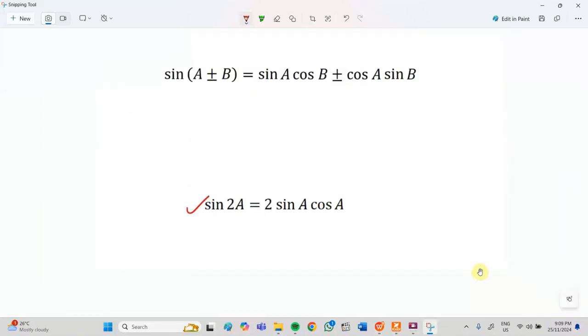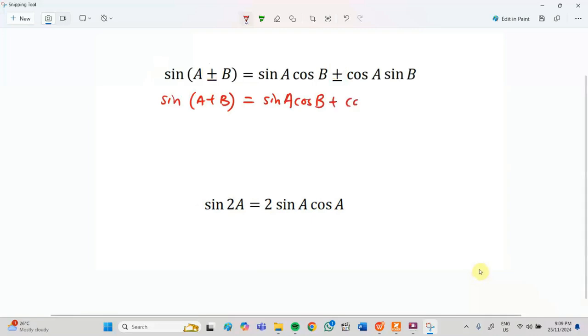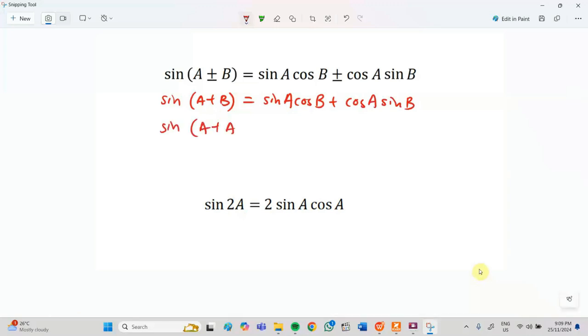And so to derive this, we need to start with the addition formula, where we only take the positive part, which is sine (A plus B) equals sine A cosine B plus cosine A sine B. And to get 2A, we only have to change the B here to A. So if B equals A, sine (A plus A), then all the B's here have to change to A as well.